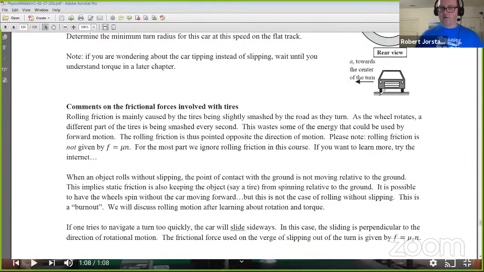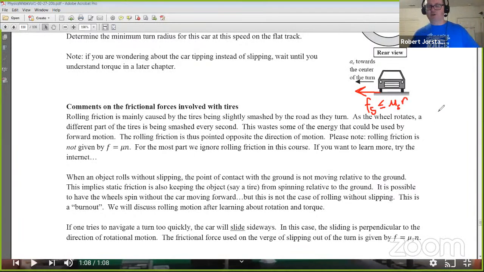However, there is sliding friction towards the center of the turn, and that is F static, not mu static. It's less than or equal to mu static times the normal force.